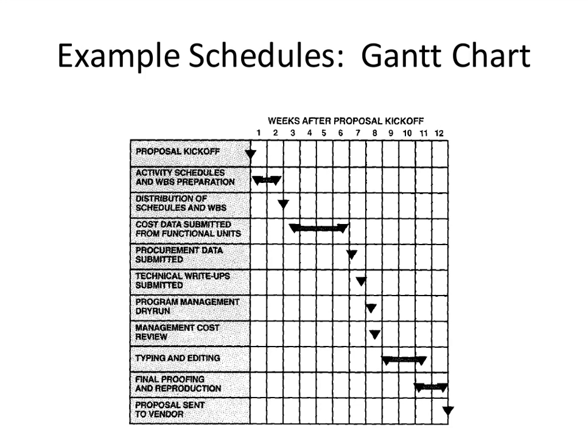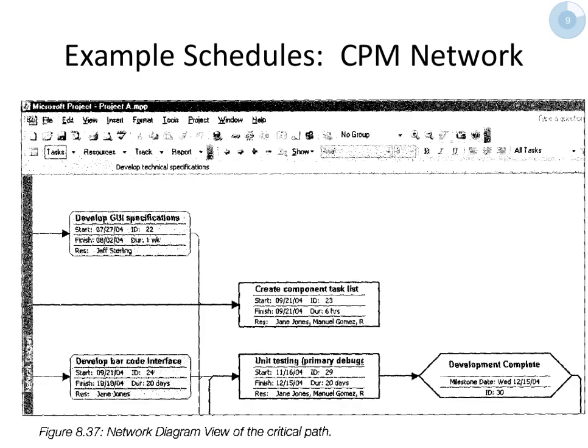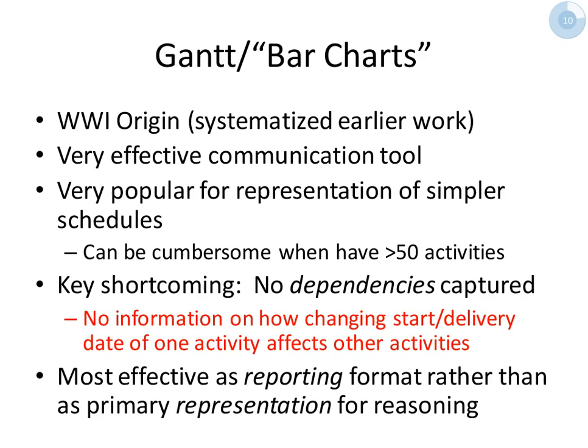Gantt charts originated in World War I, and they were a very effective communication tool for mapping out the planned sequence, but they traditionally did not have ways of indicating dependencies.